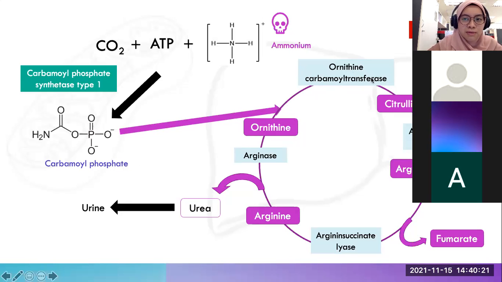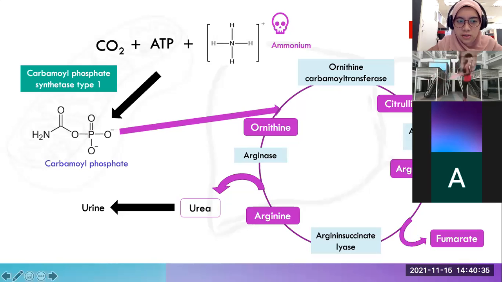Now this citrulline will be converted into arginine succinate, and this reaction is aided by arginine succinate synthase. This arginine succinate will be converted into arginine, which is also one type of amino acid, and this reaction is aided by arginine succinate lyase.